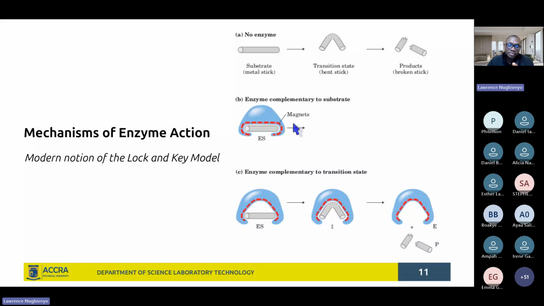Now, the problem with this model is that, you see, I don't know whether it was your class, I think yes, in this class, we did something on the reaction energy profile, where we had reactants moving to the transition state with some activation energy before they form a product.